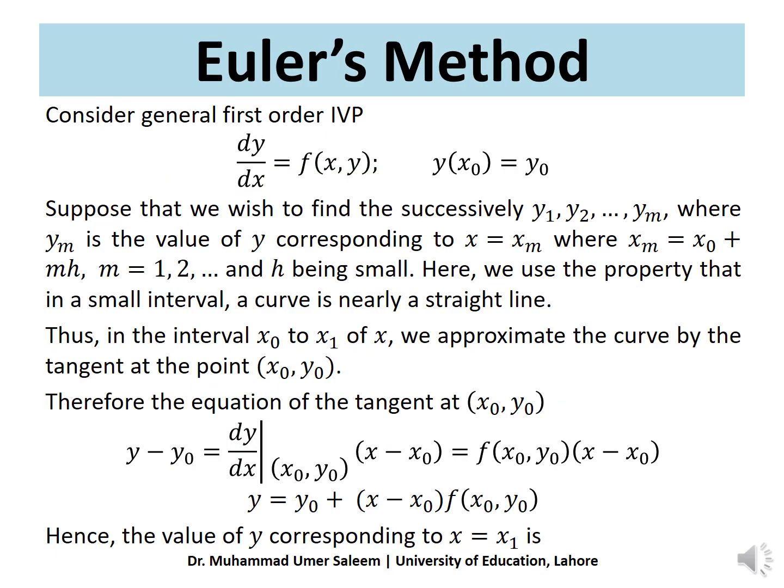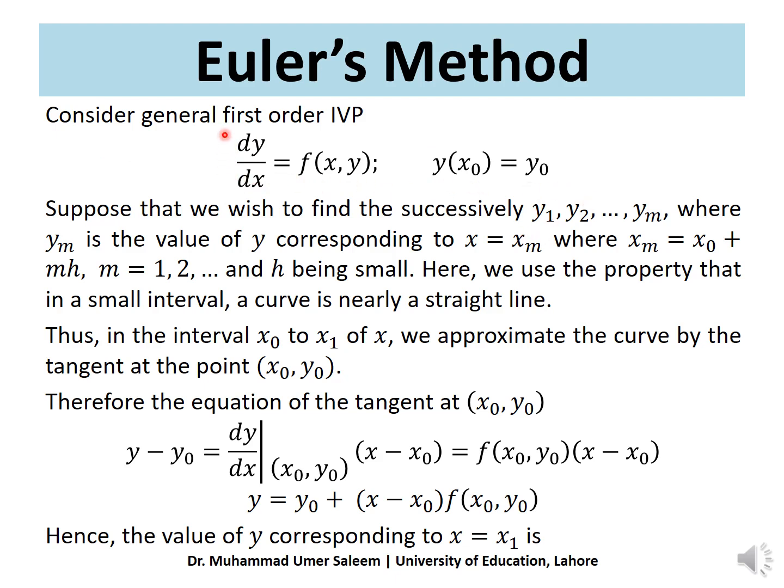We start with the first method, that is the Euler method. Consider the general first order initial value problem: dy over dx is equal to f of x, y, such that y at x naught is y naught.